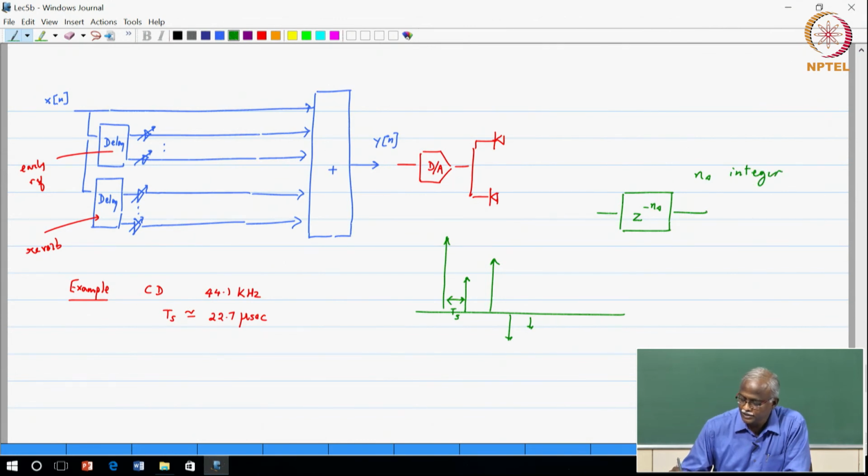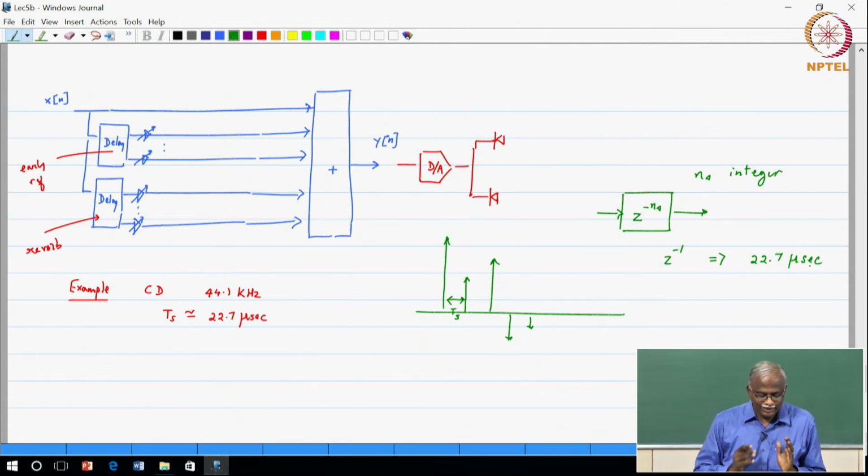So the smallest delay that I can get is z power minus 1, and if I delay it by one sample period, this would correspond to 22.7 microseconds. But in the construction of this concert hall effect, you cannot restrict yourself to say, give me only delays in multiples of 22.7.